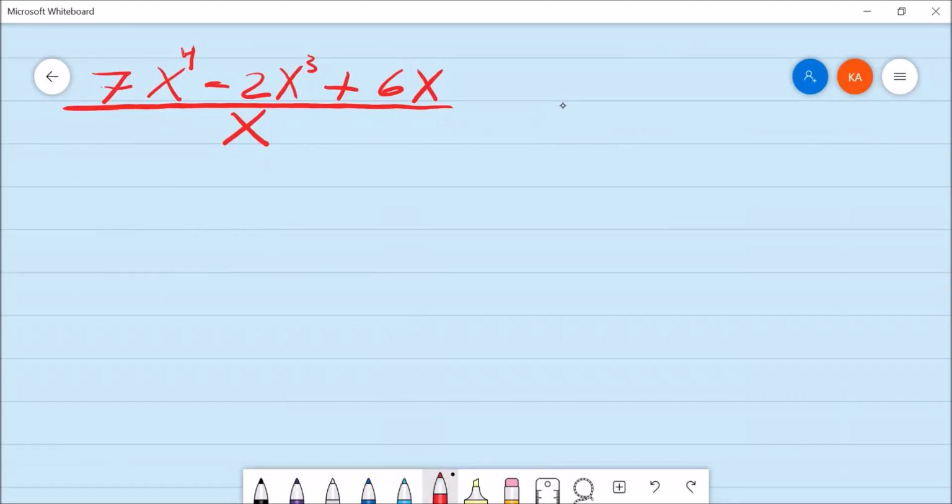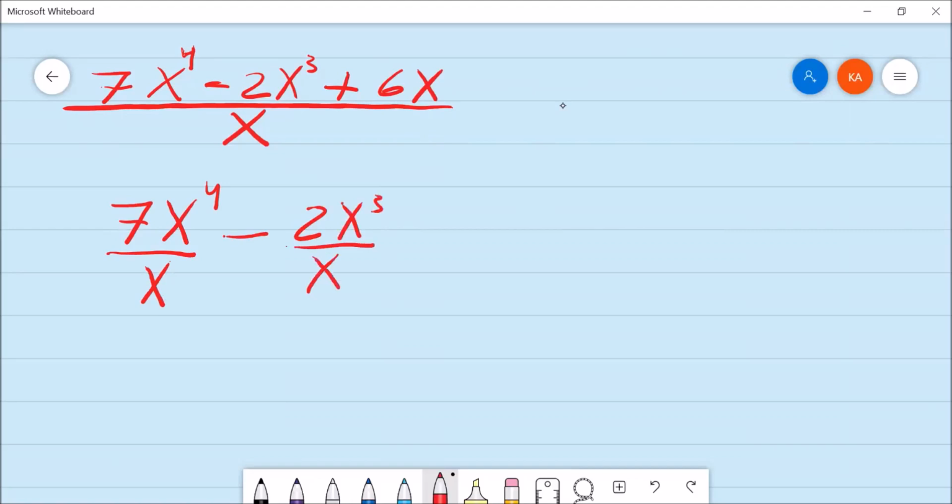If we want to solve this algebraic fraction, we can solve it by dividing each term of the numerator by x like this: 7x^4 over x minus 2x^3 over x plus 6x over x.